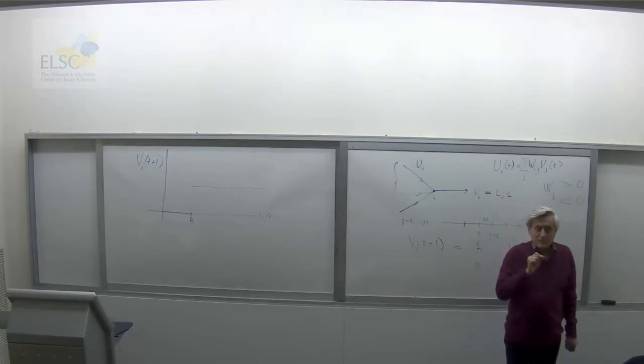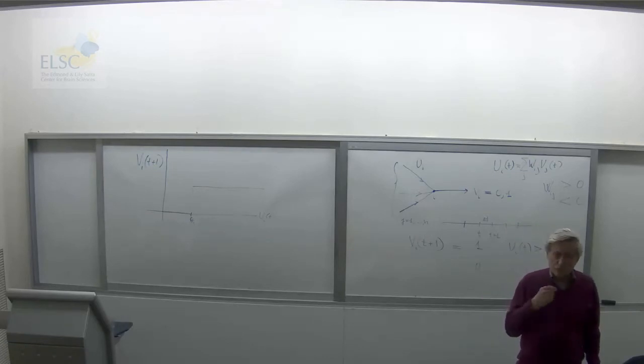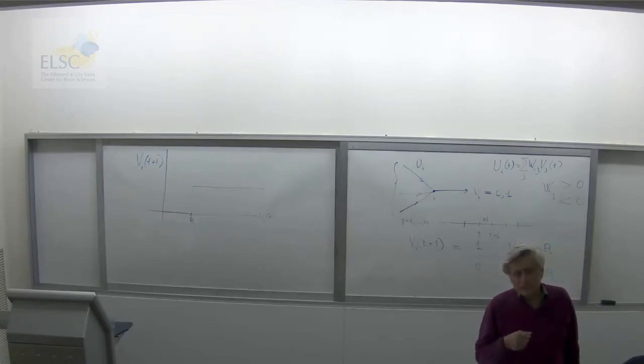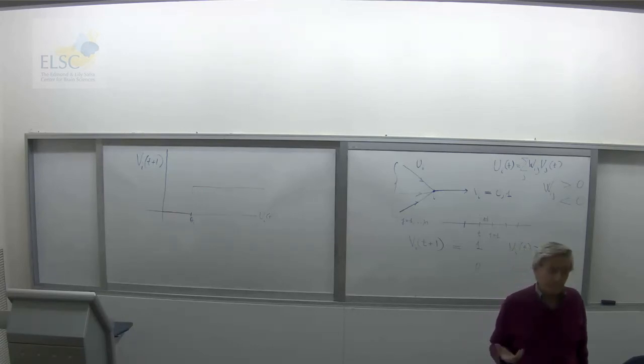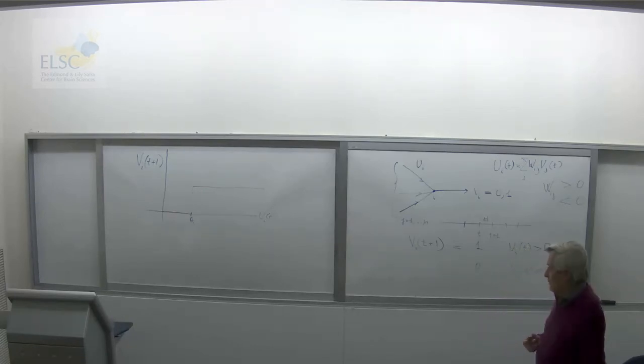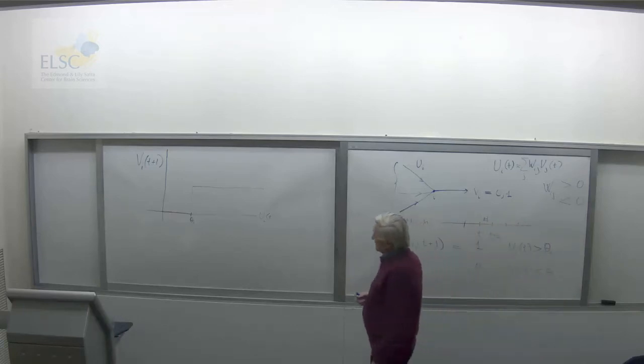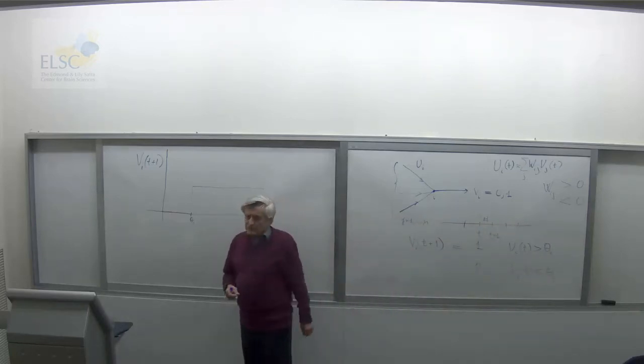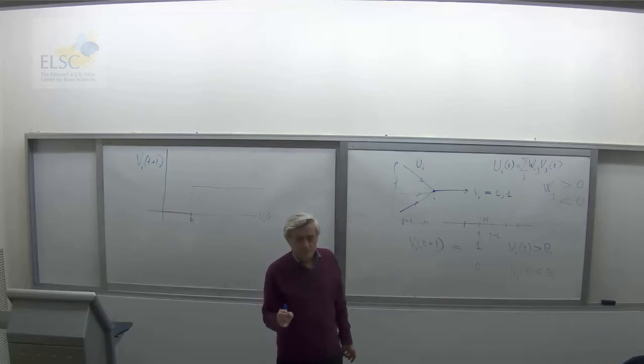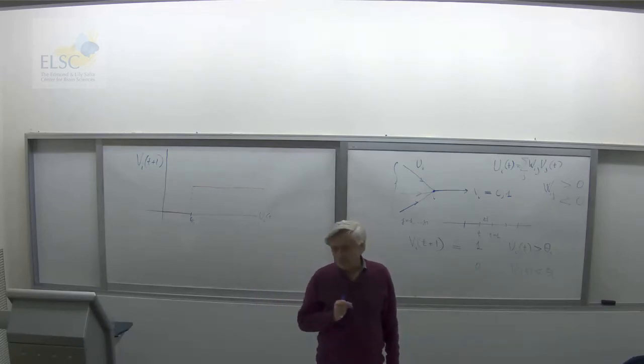However, we want to do something more sophisticated. It's something that is more compatible with actual behavior. Because you see, the property of such a single neuron dynamic is that it is sharp and deterministic.